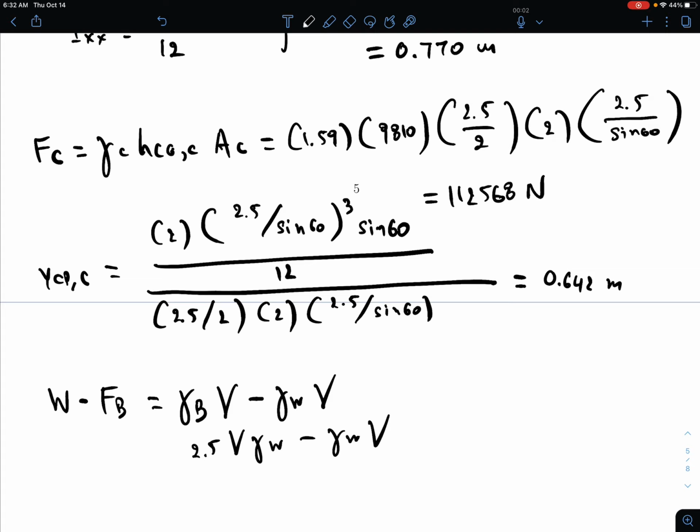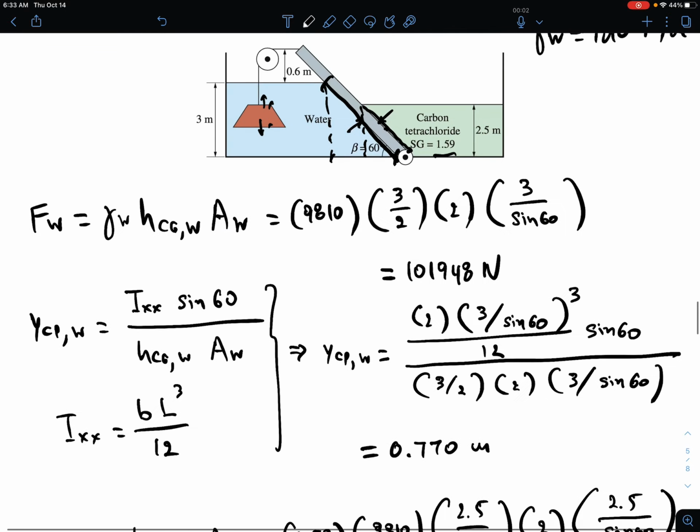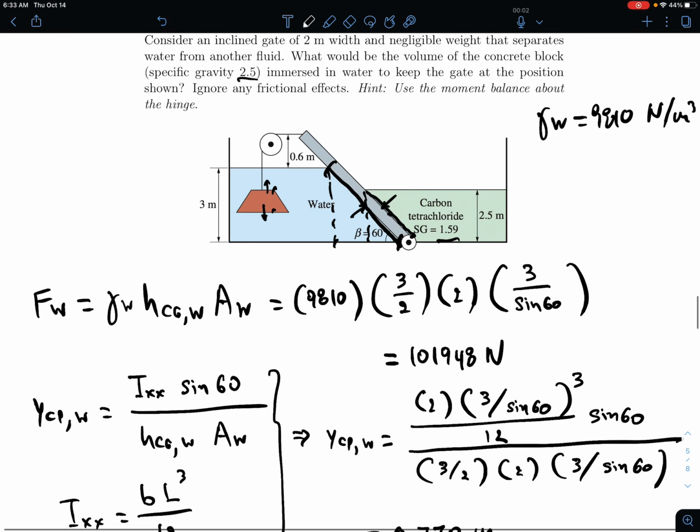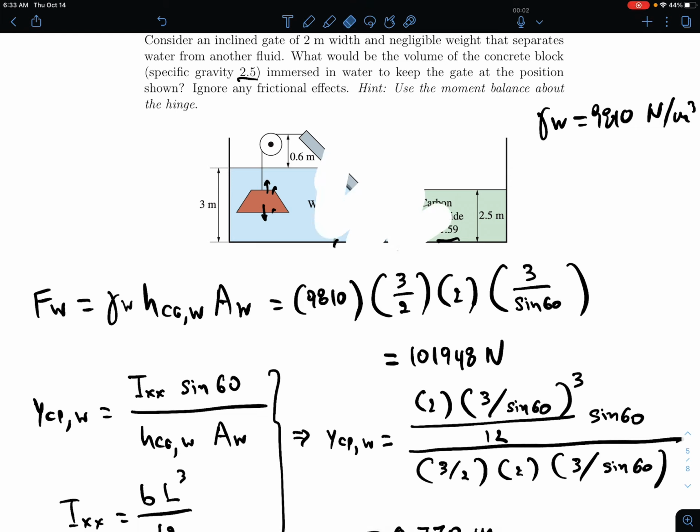Okay, so now we have the three components for the moment balance. And let me erase these now, so we can actually look at the moment arms. So we have the pressure force. So let's say that this is the center of gravity. The pressure force is applied somewhere here.